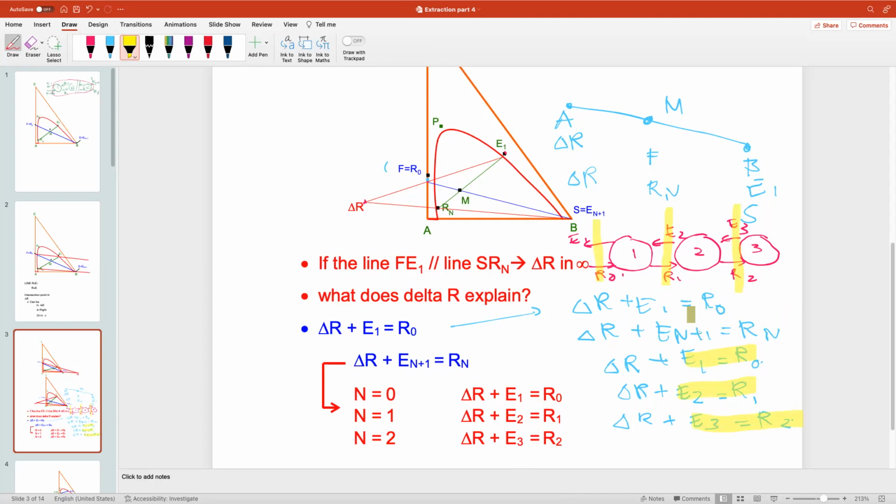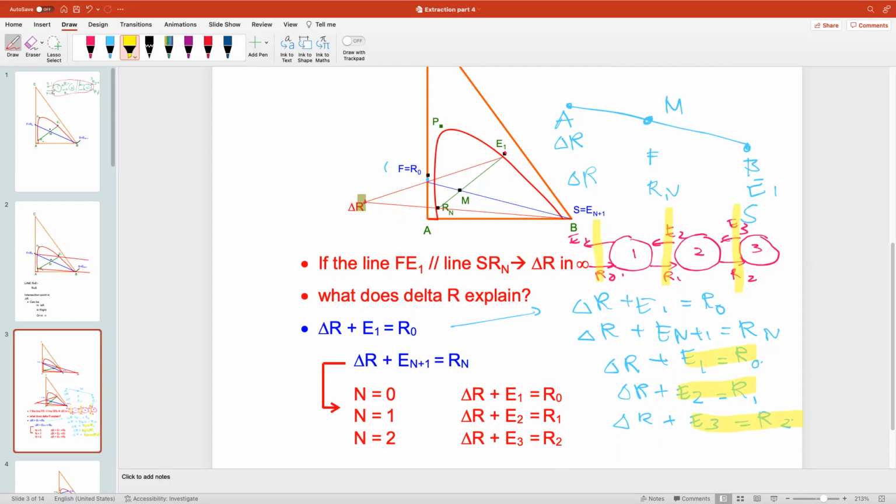So if I want any correlation about the operating line, because operating lines tell you the correlation between R2 and E1, then I just need to put it into the delta R. In this case, delta R is the one point that tells you about the operating line.